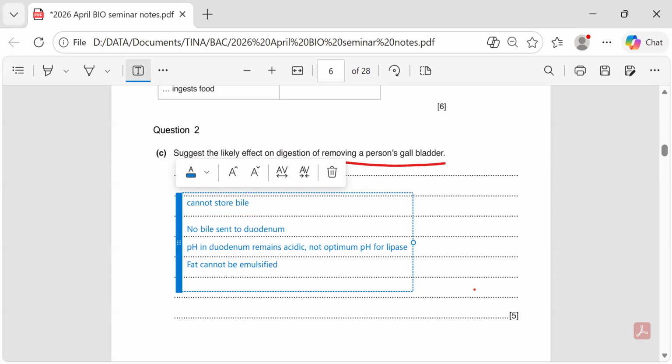Okay, so because fat cannot be emulsified, there is less digestion of fat, or no digestion of fat.